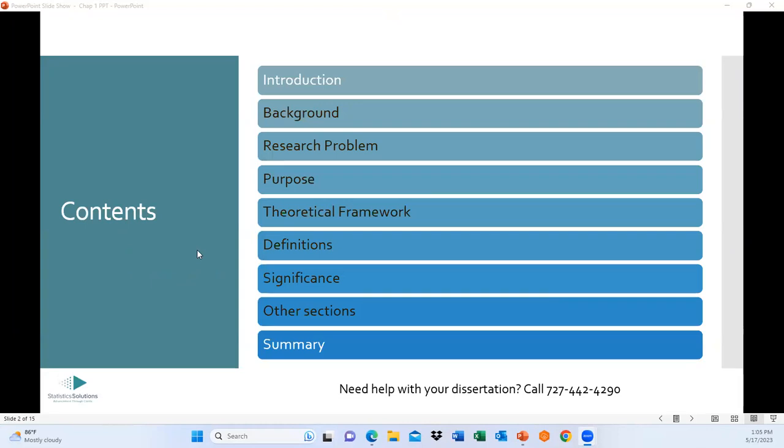Here are the contents that we're going to cover, and they're pretty typical for chapter 1. Now, you're going to hear me say this several times throughout the presentation, but always, if you haven't already, obtain your school's template. While there are commonalities in the features of chapter 1 and all the chapters, some schools may have some particulars that they want.